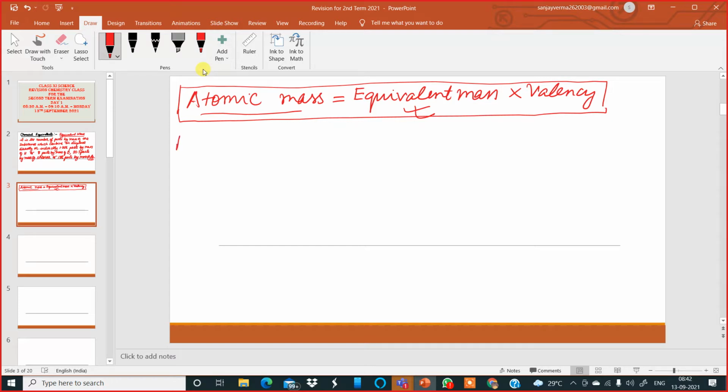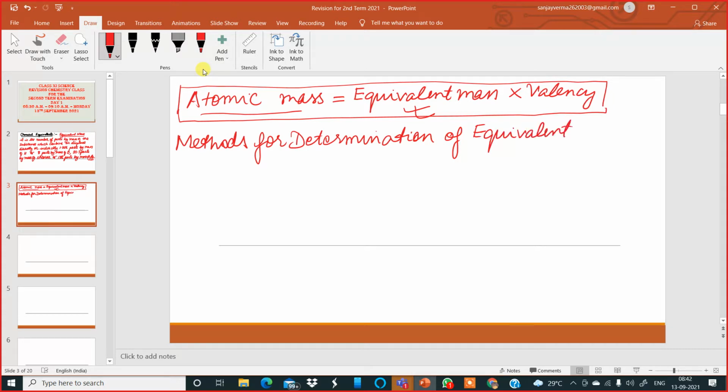So I'm going to write down methods for determination of equivalent mass.